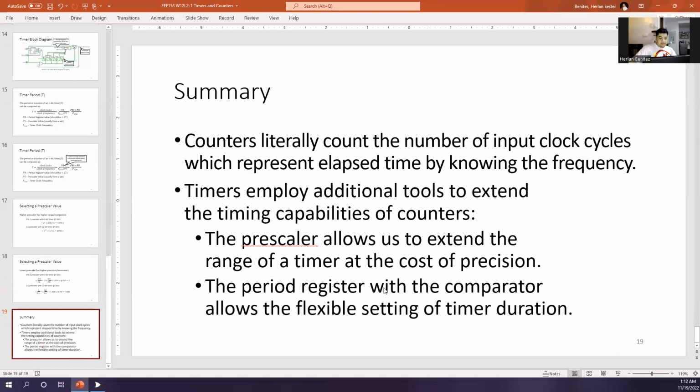And then, yung ating period register naman, with a comparator, allows yung flexible setting ng timer duration. So, by varying yung period register, yung timer natin can vary its period or yung kanyang delay. And yung prescaler naman is, ayun, namumultiply naman natin yung delay if kailangan natin yung malaking delay with a very fast na clock. So, yun lang for this video.